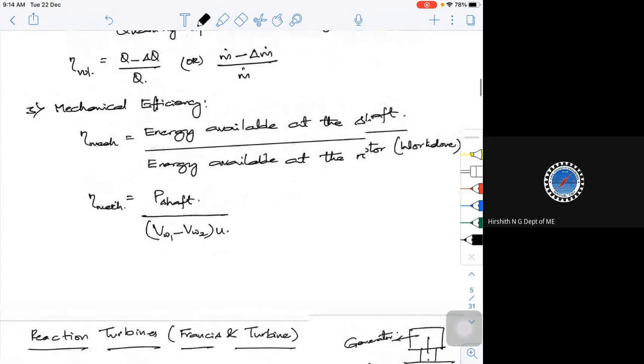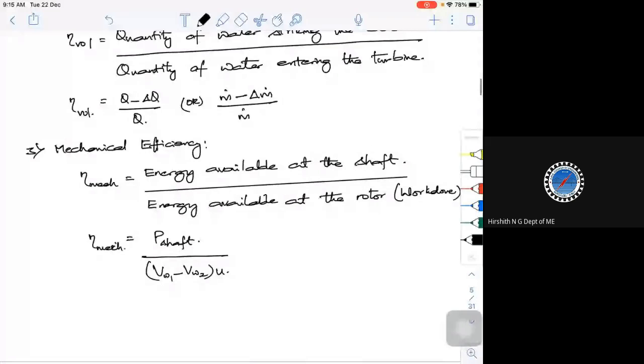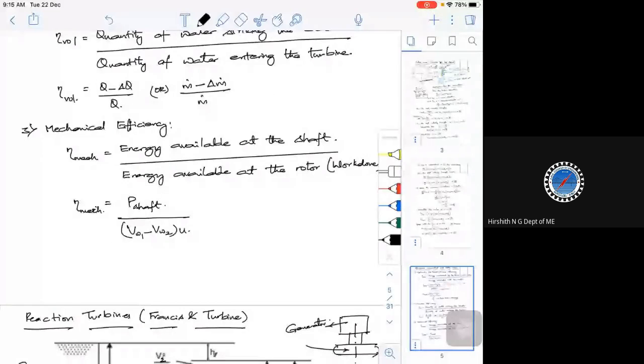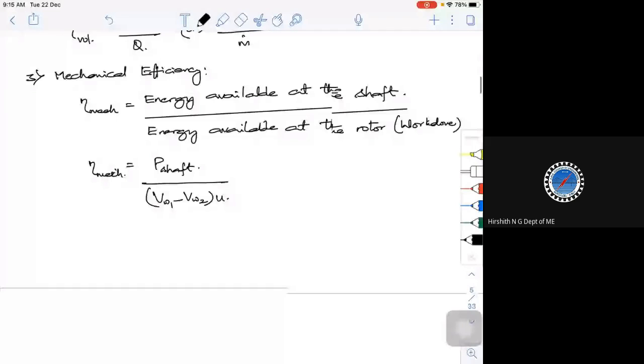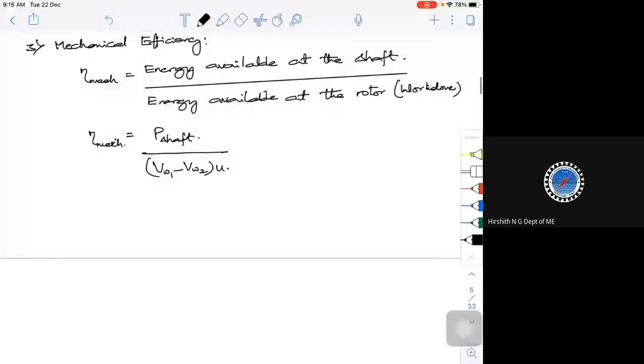The last type of efficiency is what is called overall efficiency. The fourth one, overall efficiency. What is it actually?